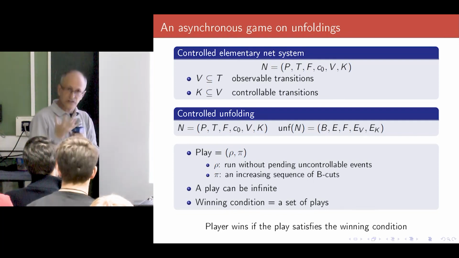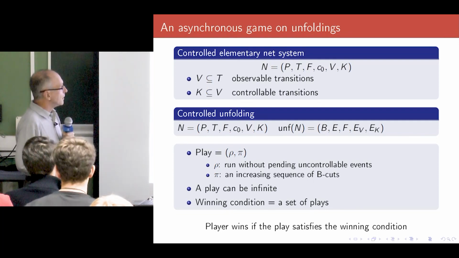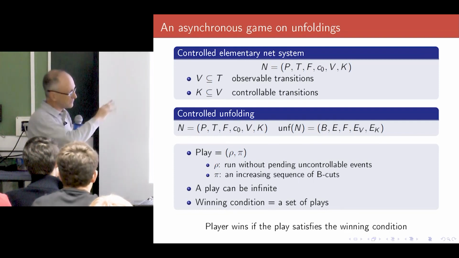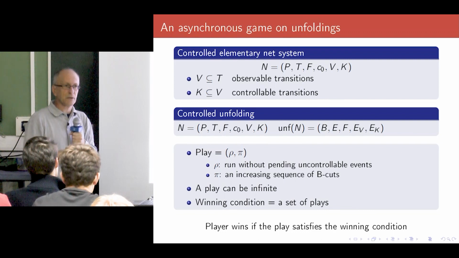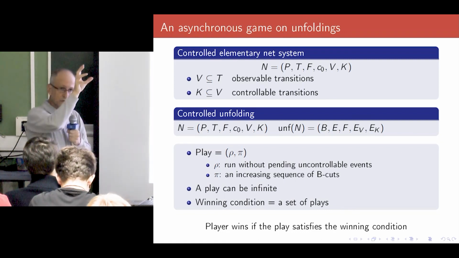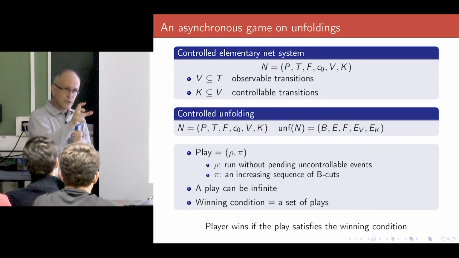So a play, a single play, will be a run. There are some technical restrictions, but I don't think it's important to discuss them. So a play will be a run in which some choices have been taken.